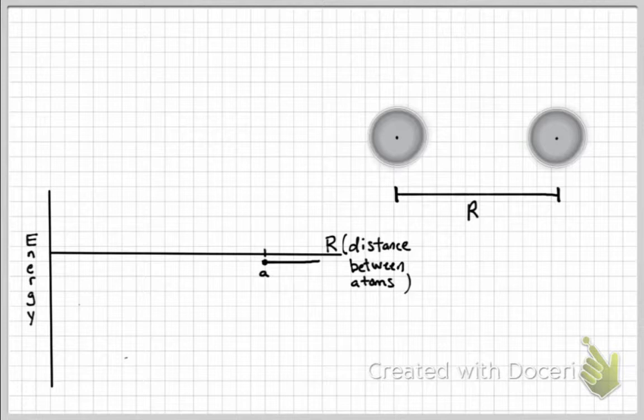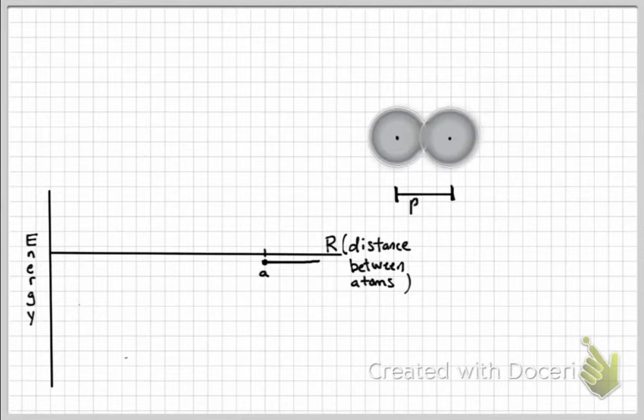At this point they don't really feel each other's presence, but we're going to start moving them together and see how the energy overall changes for this system. So we move them to a point R, closer together, B, and what we see is that the orbitals are starting to overlap. The nuclei are closer together, right?